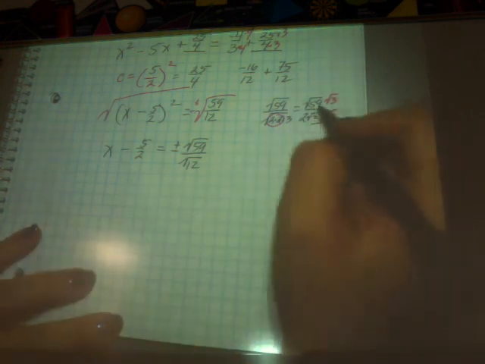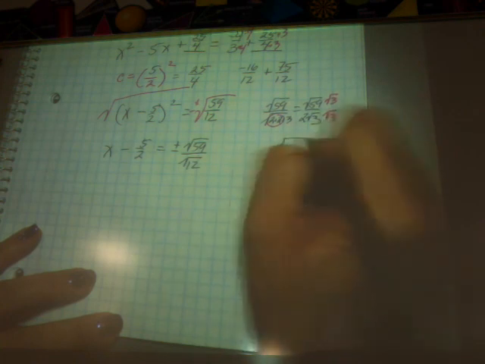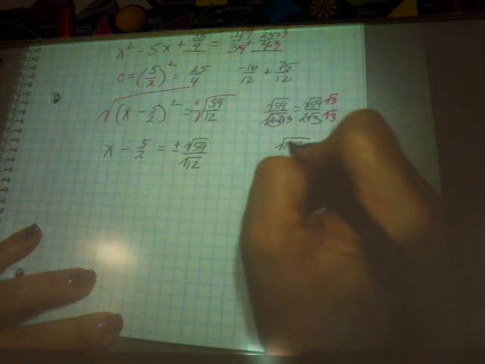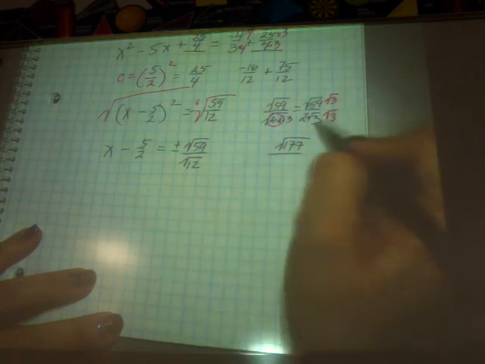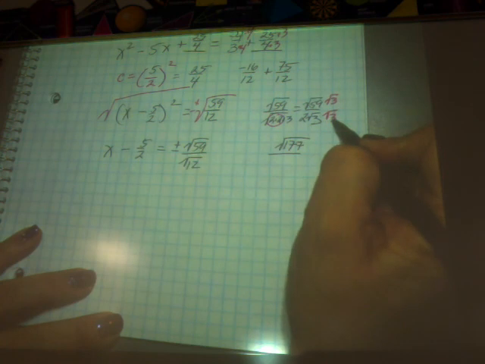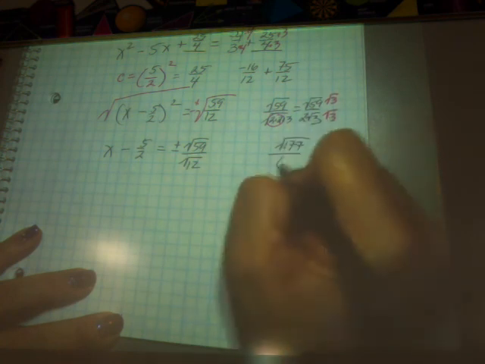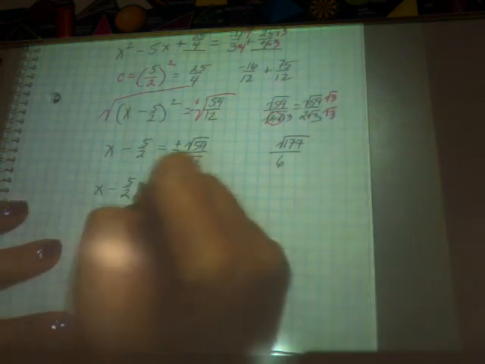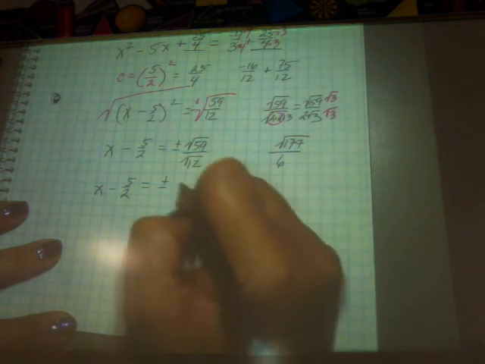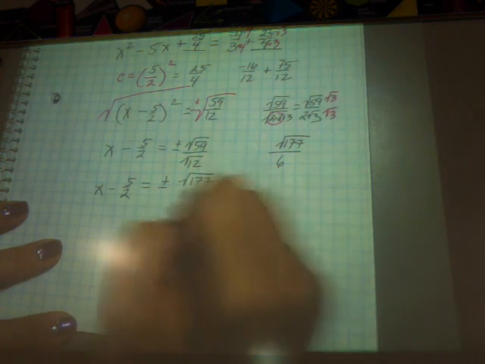So then 59 times 3, what is that? 177 over, what's radical 3 times radical 3? 9, not 9, 3. What's 3 times 2? 6, okay. So I finally have x minus 5/2 equals plus or minus the square root of 177 over 6.